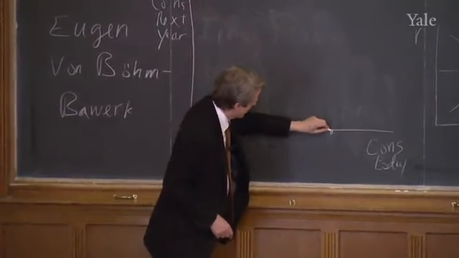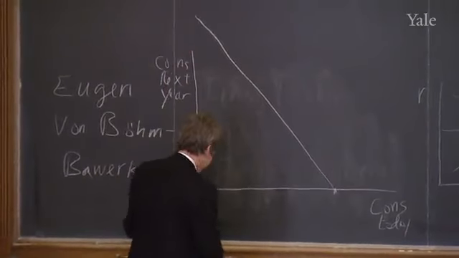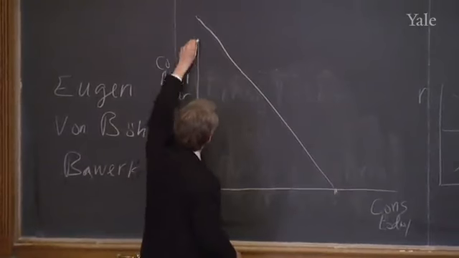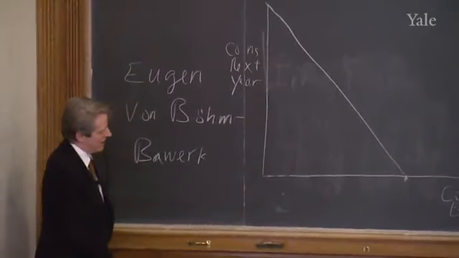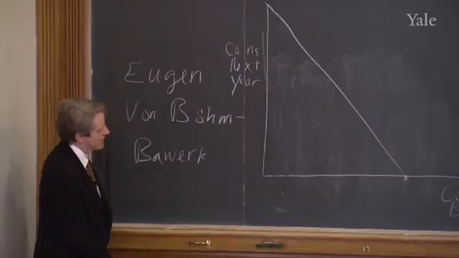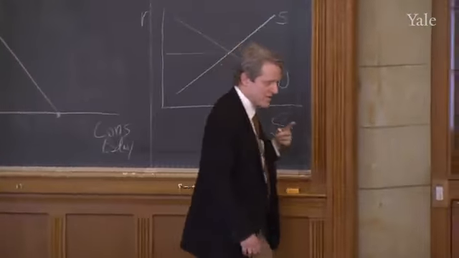So I'm going to draw a straight line. These are all supposed to be straight lines here. And that is his choice set under linear technology. I'm drawing it with no decreasing returns.